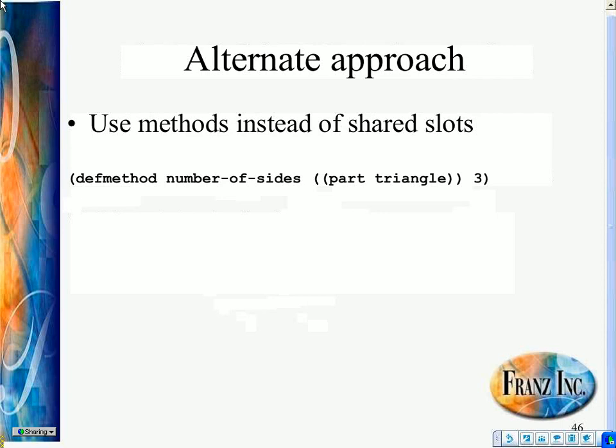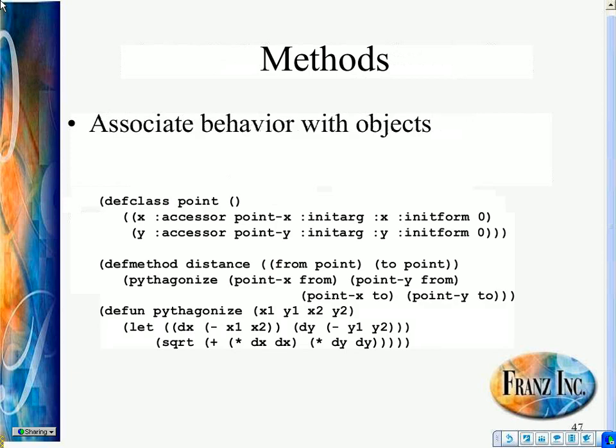So shared slots or class slots were kind of an interesting idea, but actually not all that useful, because you can do things in a more natural way. Remember, when you change the value of a class slot for any instance, the change is seen by all the instances. And that's always a mildly dangerous thing to do from my point of view. That's why I'm not a big fan of class or shared slots.